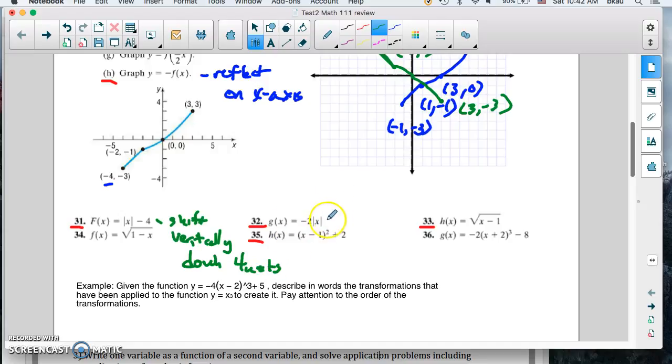This one would be a reflection on the x-axis and a stretch vertically by a factor of 2.